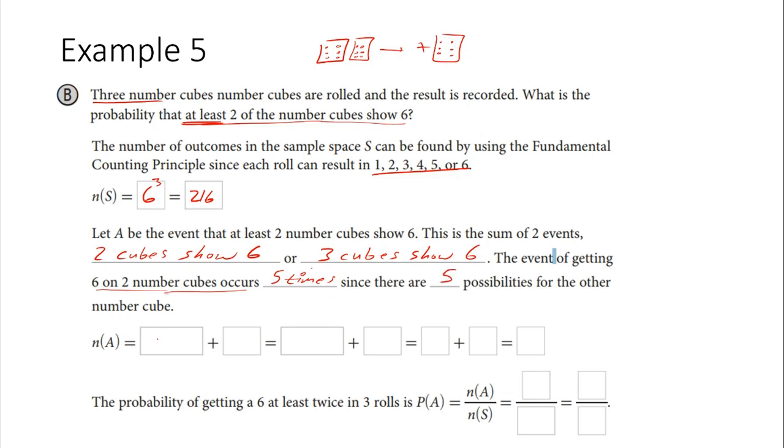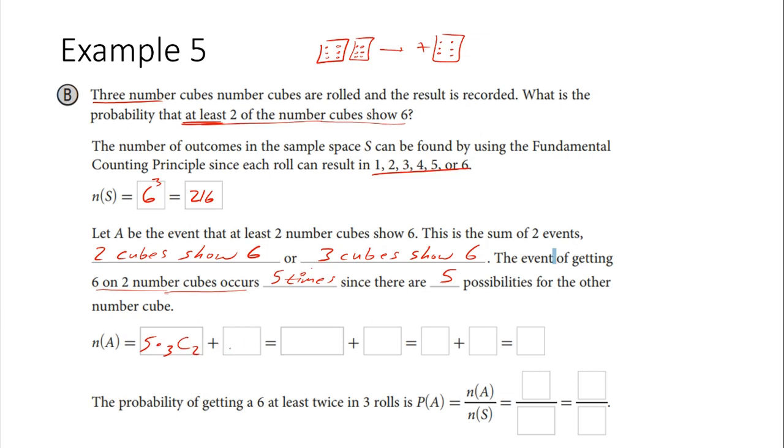So there's 5 times that you can get 3 of your dice to at least get 2.